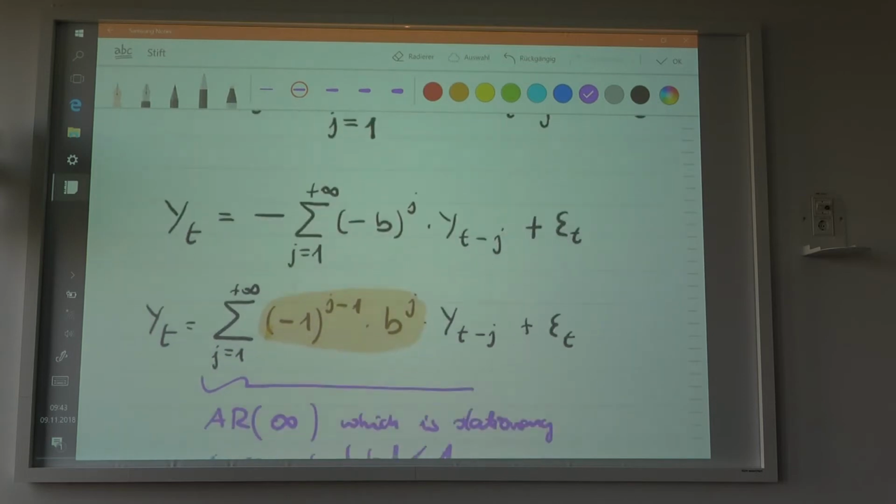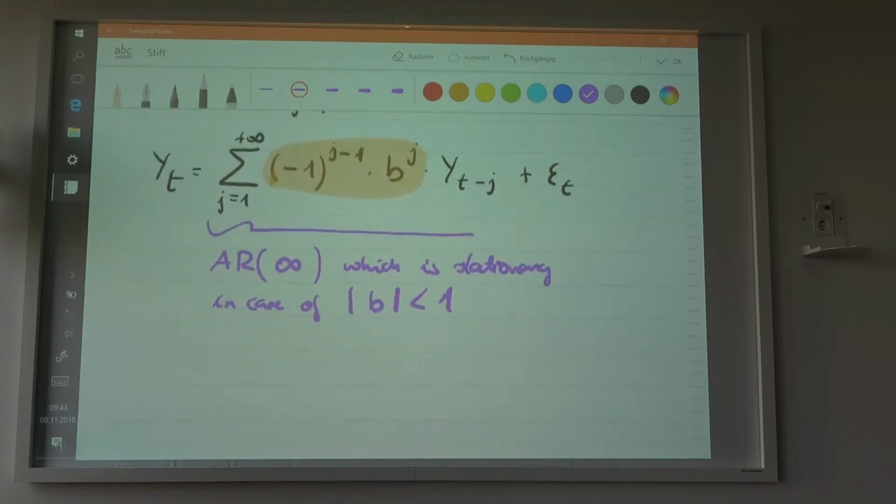So all right, that was summarized by the next proposition. I will summarize that result.